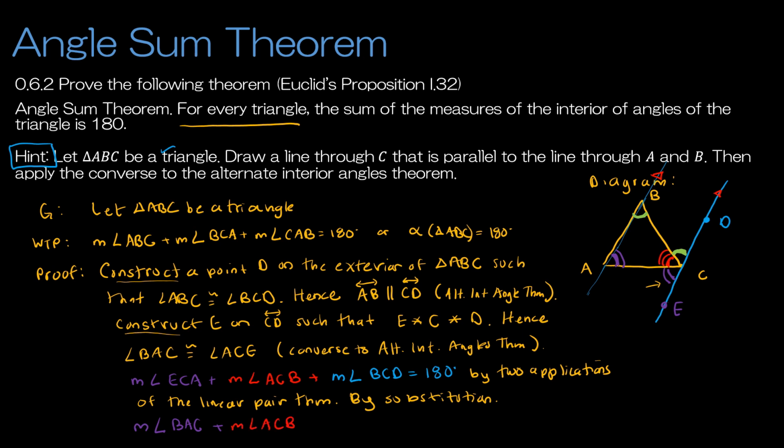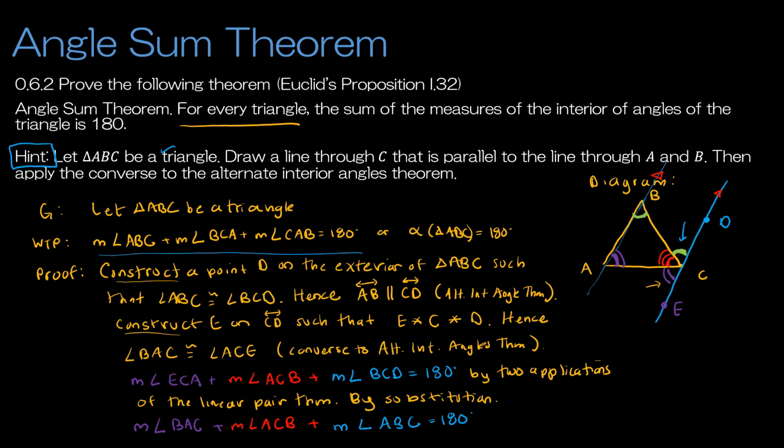I didn't have to replace that one. Plus, instead of BCD, which is down here, I'm using the other green angle, so the measure of angle ABC is equal to 180. Well, that's what I wanted up here. ABC, BCA, CAB is 180.